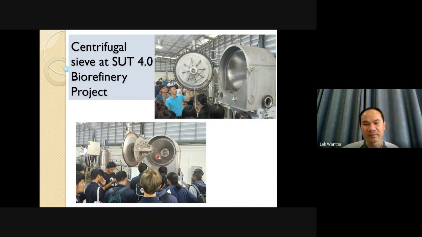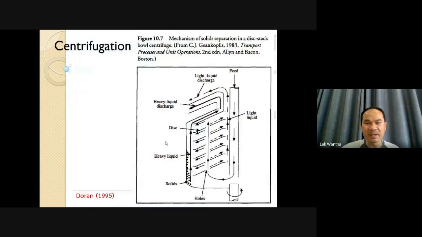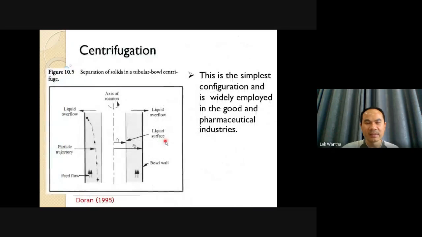If we use the spinning method, the liquid and solid will move to hit the wall here, so the liquid will move through to the outside, while the solid will accumulate on the surface. For this case we use the turbo centrifuge because we use high force and high pressure. Going back to the principle, we use a very high rotation, and then all of the liquid and solid will contact the surface of the wall.